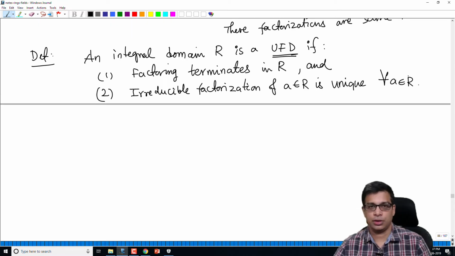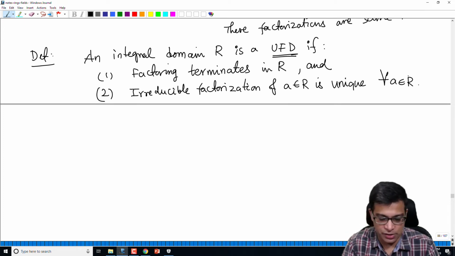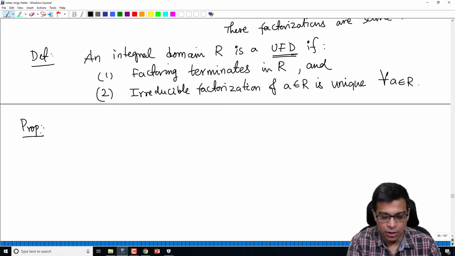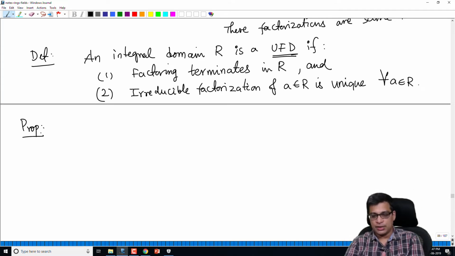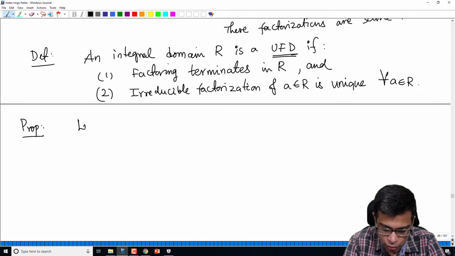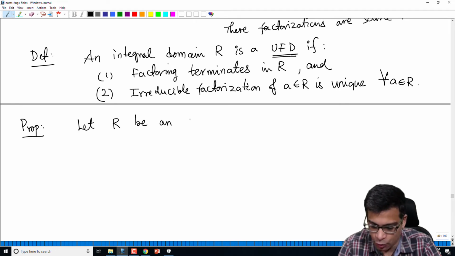Okay, so in the rest of this video and in the future videos, we are going to study properties of unique factorization domains. So let me prove a proposition to get control of the first property. See, factoring terminating seems a difficult condition to check. So I want to do a proposition to simplify that process. Let R be an integral domain.